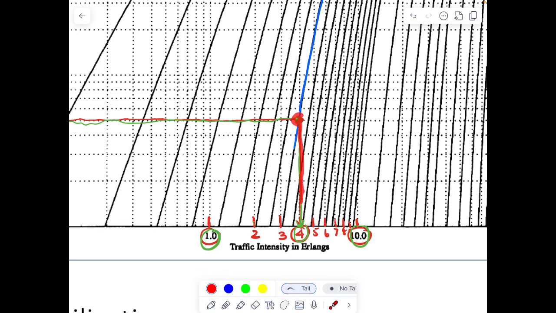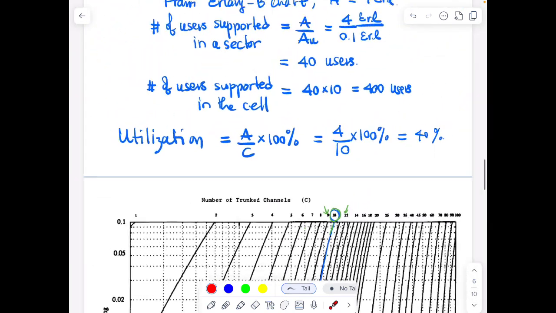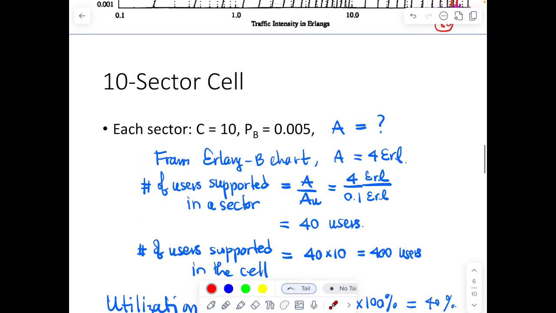And if you look down to the A, right, this is A equal to 4, right? So this is 1, this is 10, right? And each dashed line indicates the increase of one Erlang, right? So this is two, three, so that's four. So that means A is equal to four Erlang.